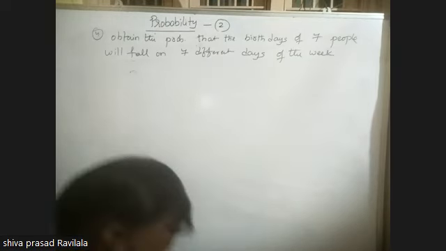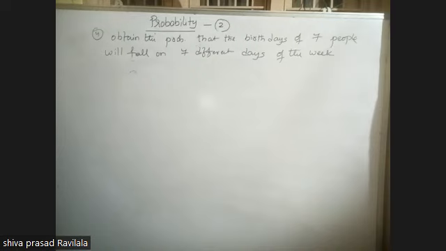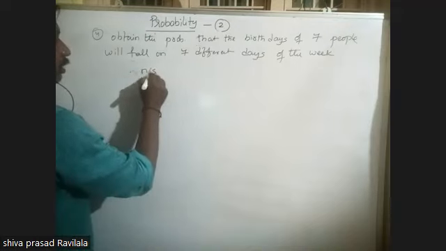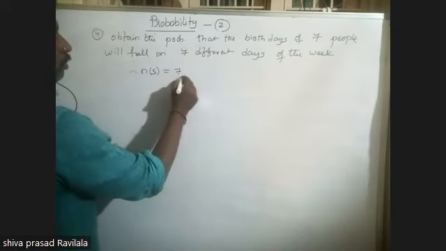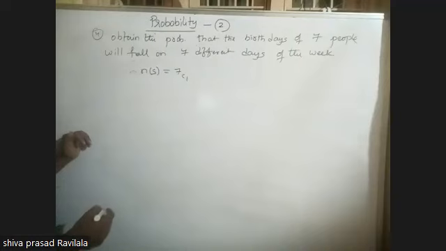Here, what is n of S? Can anybody tell? In this condition, n of S is also difficult. The sample space contains, for example, my birthday on any one of the 7 days: Sunday, Monday, Tuesday, Wednesday, Thursday, Friday, Saturday. My birthday can be selected in one way out of these 7, 7C1.